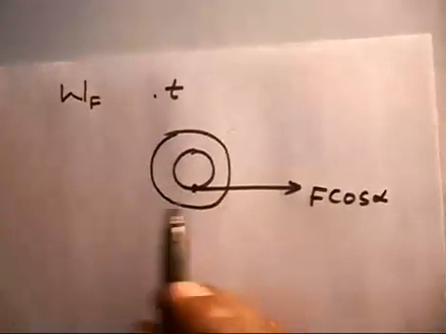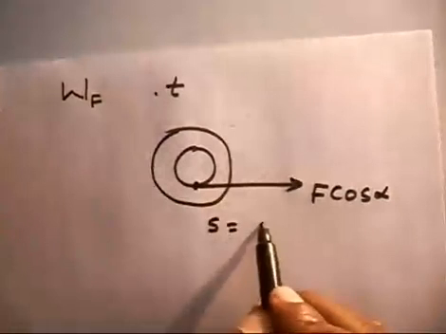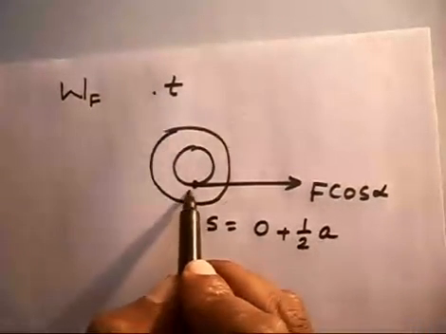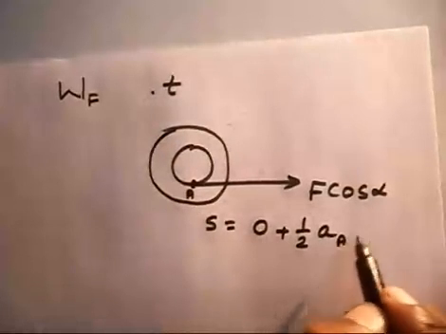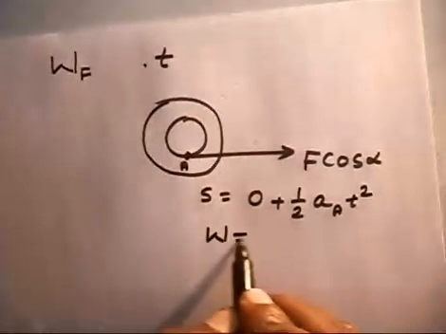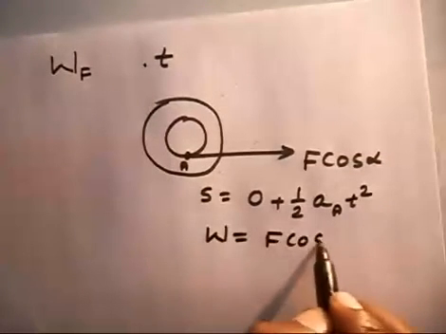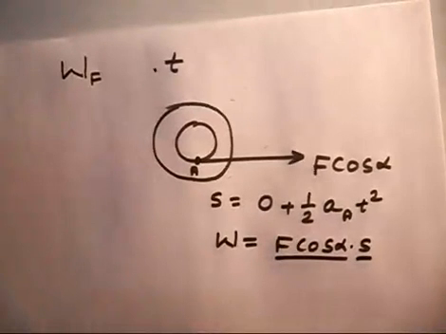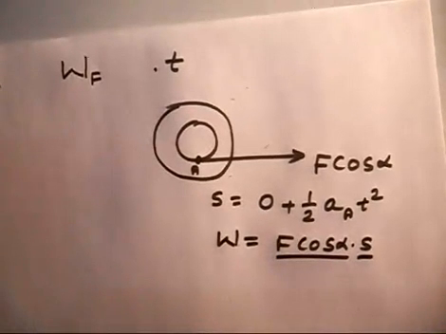I can find s using initial velocity 0 plus half a t square. Let us say this point is A, so half times acceleration of A into t square is the displacement. So work done is simply F cos alpha into s. My only concern is to find the acceleration of point A.